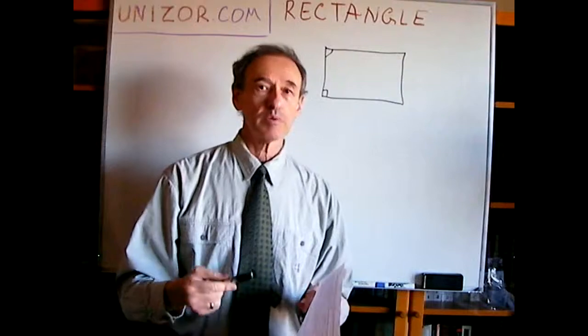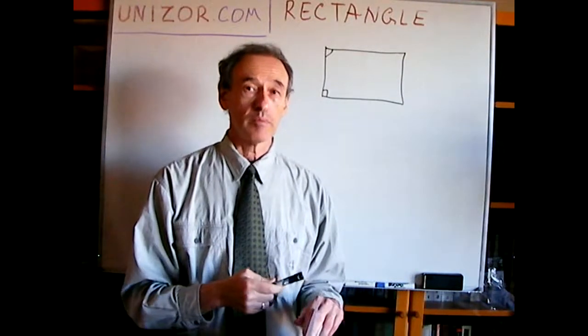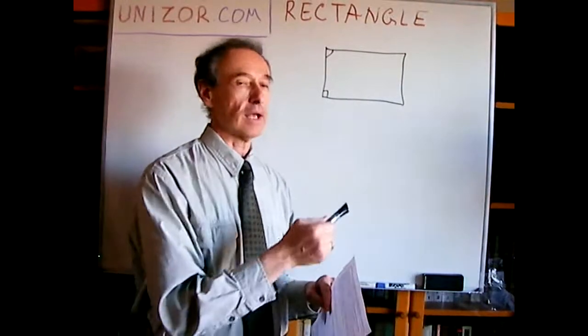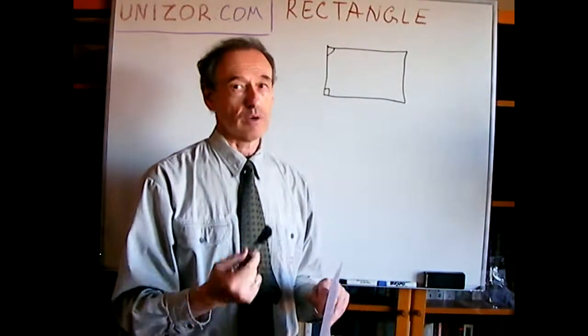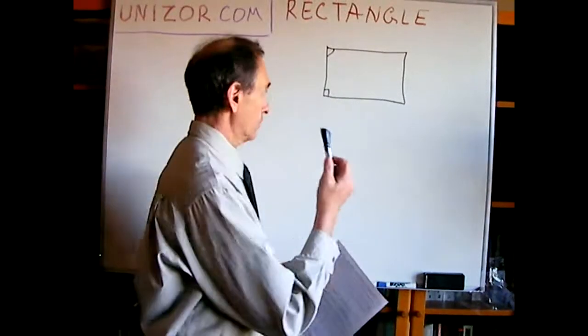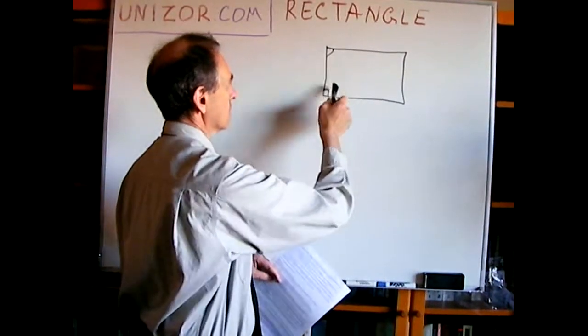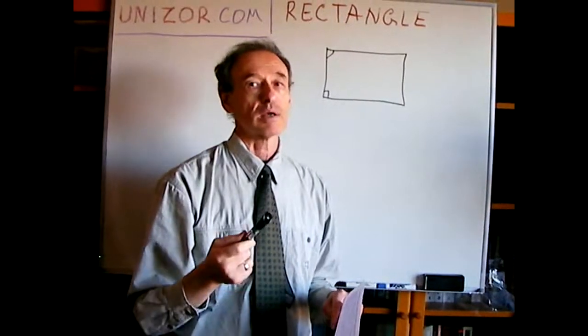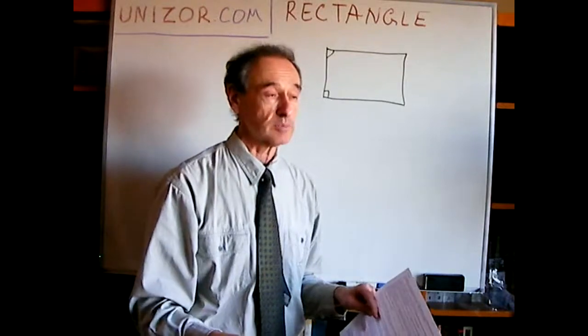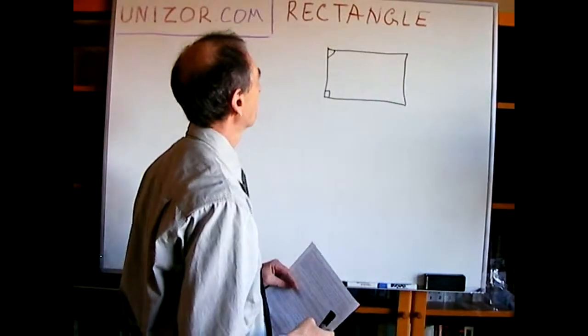But considering we know the properties of the parallelogram, we have basically proven a theorem that all angles of a rectangle are right angles. And how did we prove it? Based on the fact that these two angles in a parallelogram are supplemental. Since they're equal, 180 degrees divided by 2 would be 90.